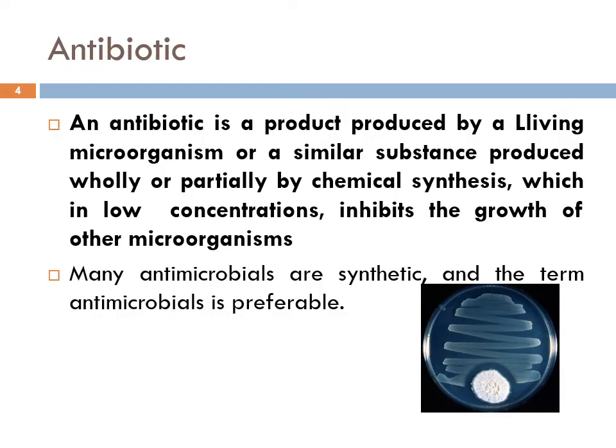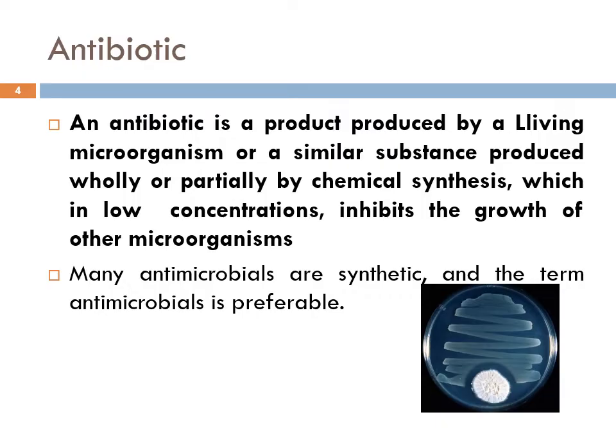An antibiotic is defined as a product produced by a living microorganism to suppress or inhibit the growth of another living microorganism. So it is a product of a living microorganism to inhibit another living microorganism.